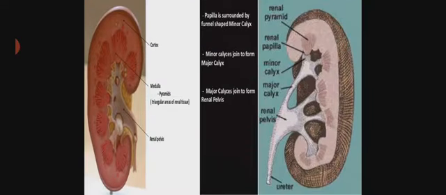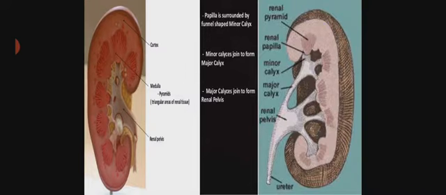So this is another sectional view of the kidney, particularly the LS, where this kidney has two divisions for the sake of convenient study. That is the outer cortex and the inner medulla.